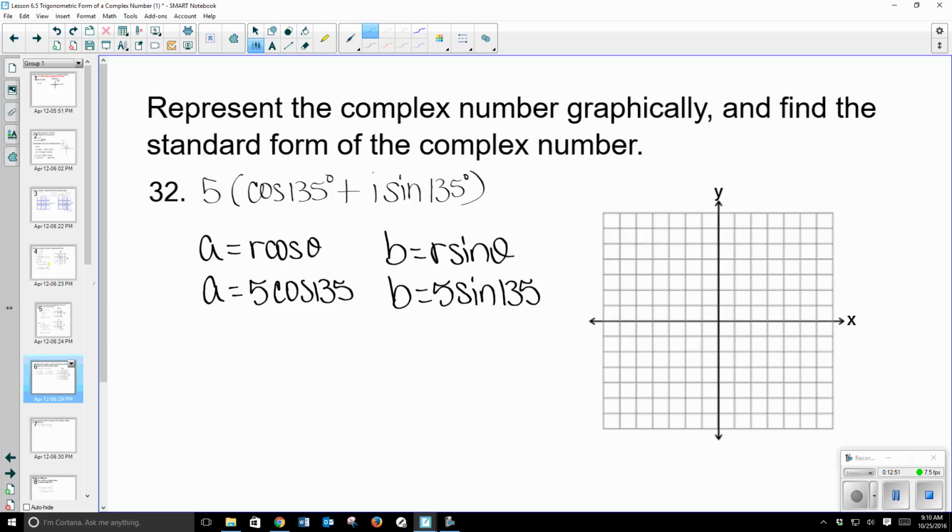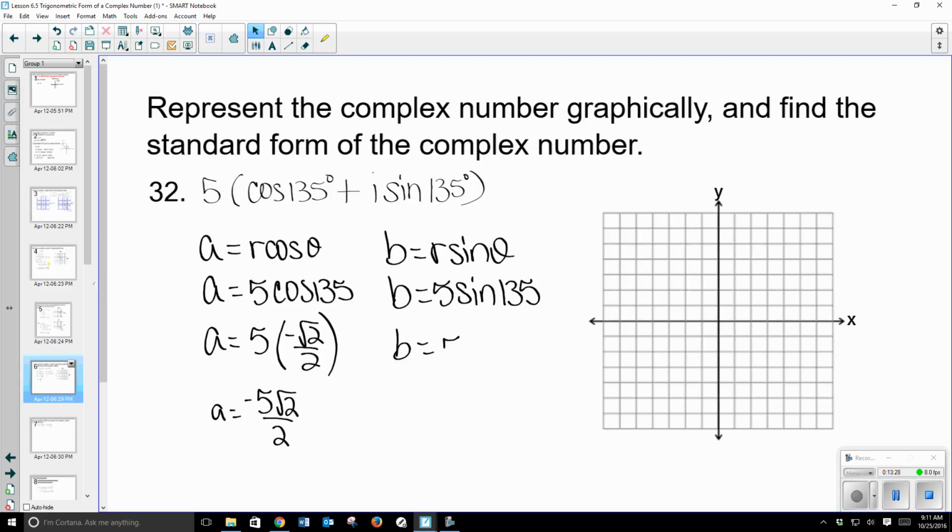So cosine of 135, you could work with fractions. So a would be 5 times cosine of 135, which is negative root 2 over 2. You could also get a decimal number, and so that would be negative 5 root 2 over 2.